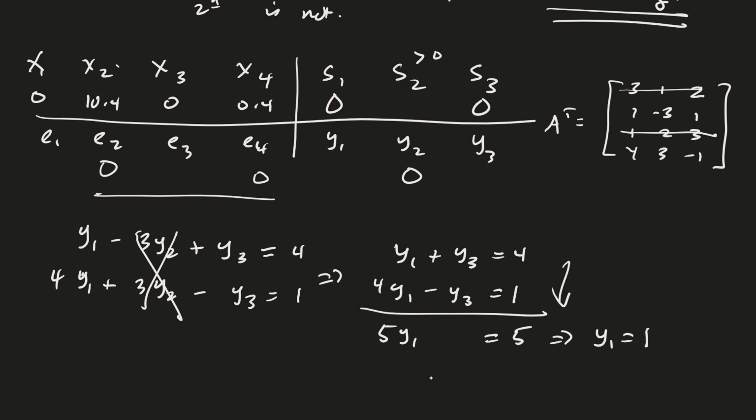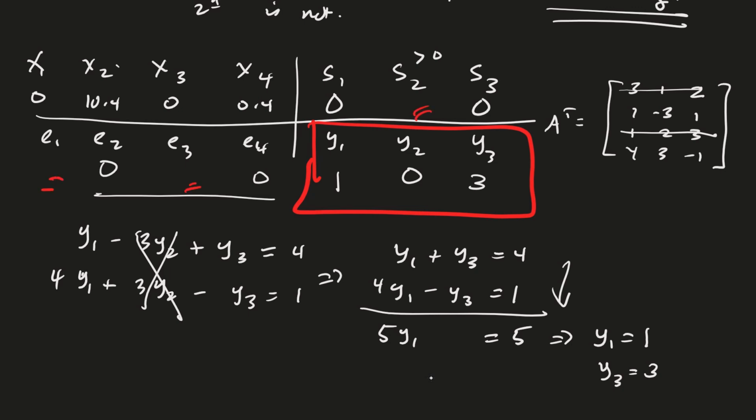And so what will y3 be then? Y3 would be 3. Good. And so there is the solution to the dual. We have 1, 0, 3 is the solution to the dual. Good. Now, at this stage, you could find what S2 is and what E1 is and E3, but we weren't asked that. We were just asked to find the solution to the dual.